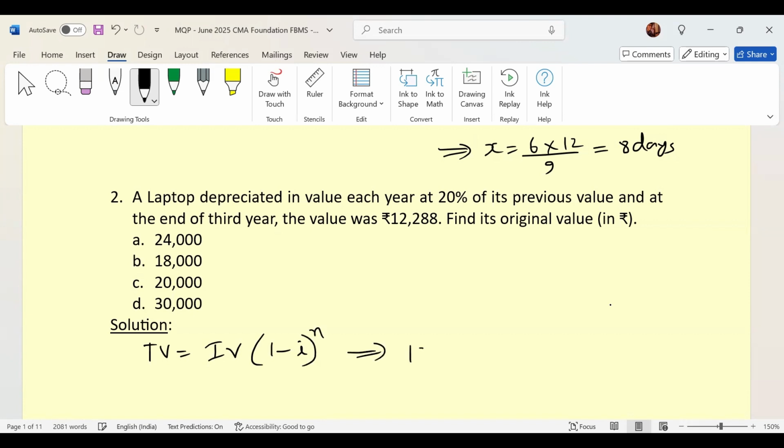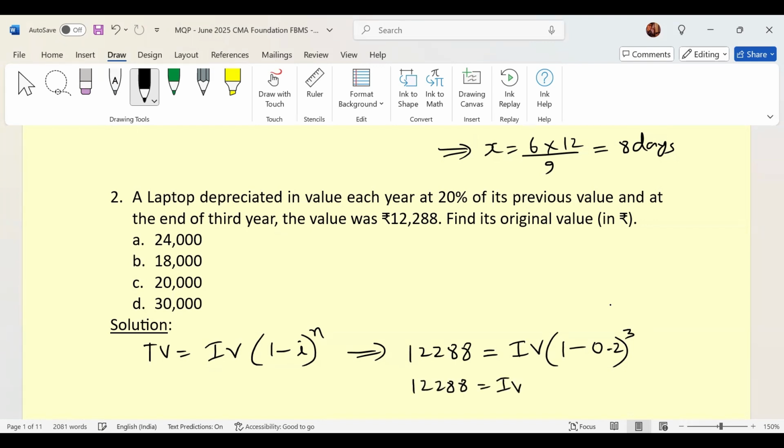Here the terminal value is given as 12,288. Initial value is what we have to find out. The depreciation rate is 20%, so I can write 0.2, and the number of years is 3 because it is at the end of the third year.